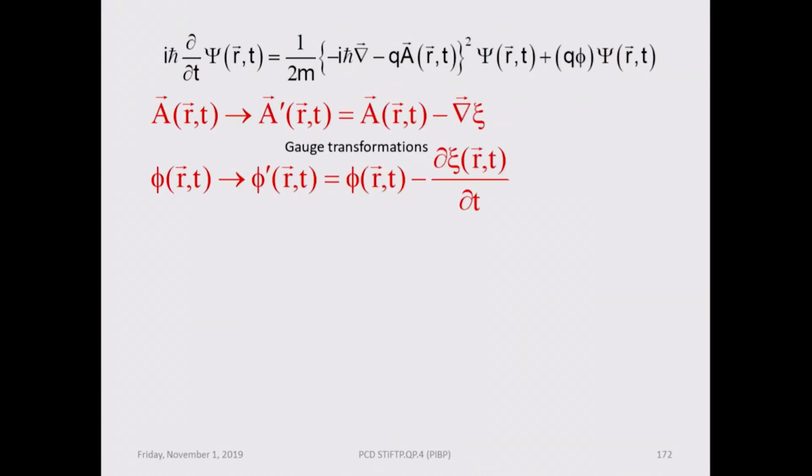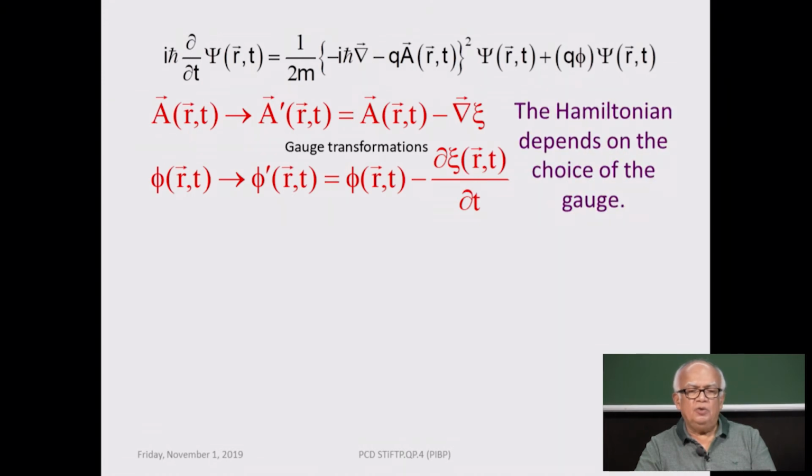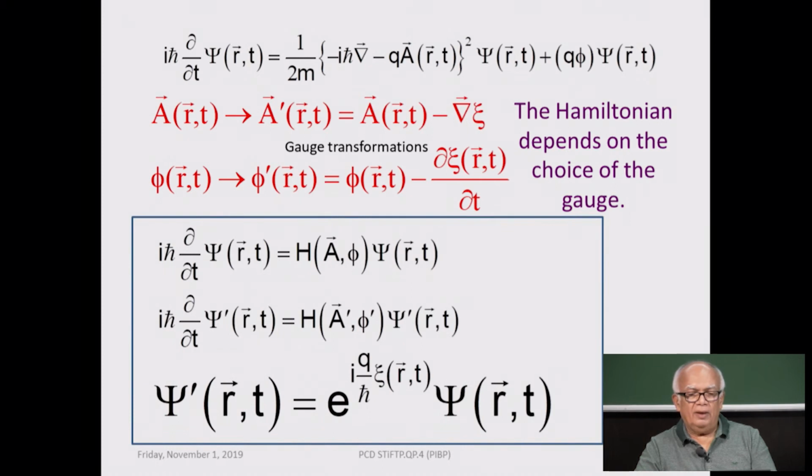So, this is the Aharonov-Bohm phase effected due to the gauge transformations. Okay?